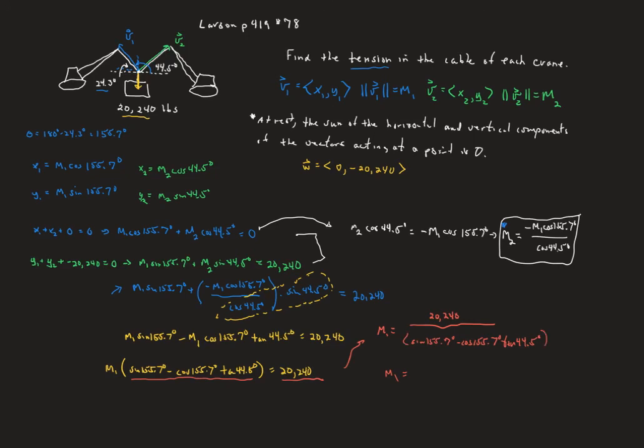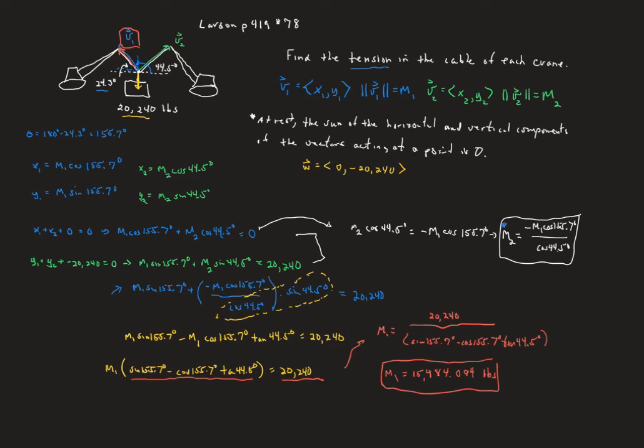If you do that correctly, I believe you will get 15,484.094 pounds of force. That is m1. That is the tension in that vector 1. That's what we found right here, how much is coming out this way.